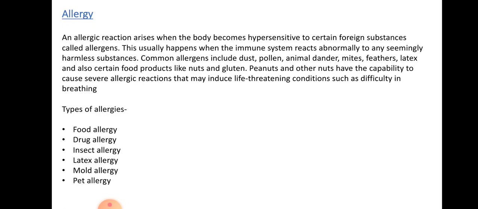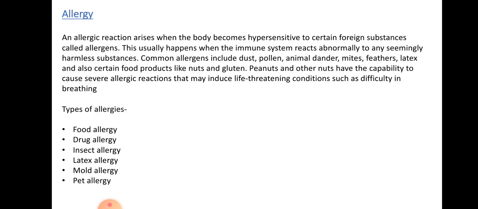An allergic reaction arises when the body becomes hypersensitive to certain foreign antigens, foreign substances called allergens. This usually happens when the immune system reacts abnormally to any seemingly harmless substance.